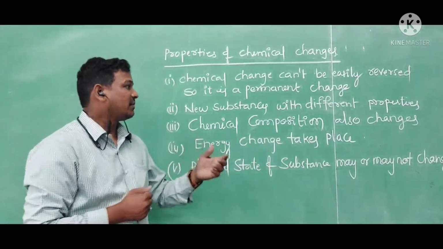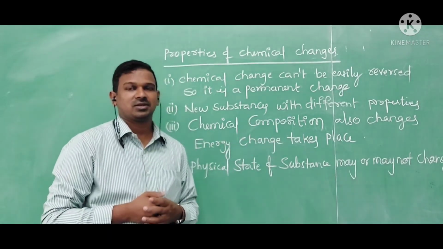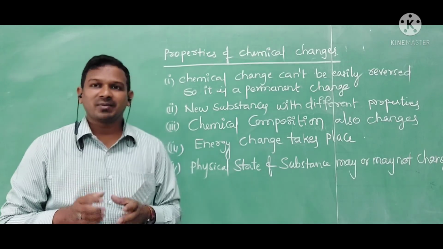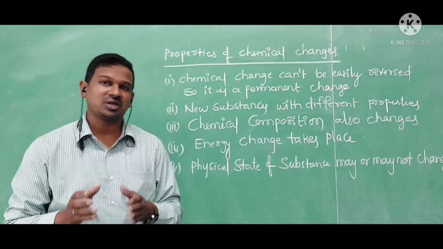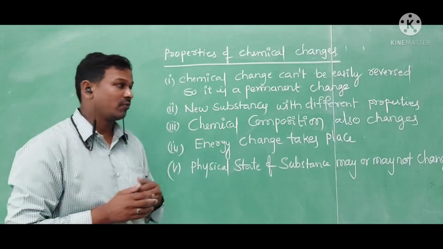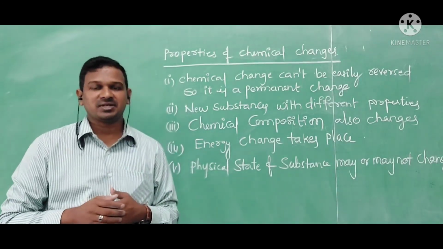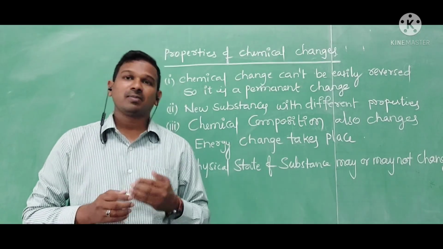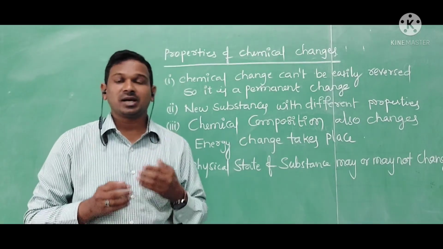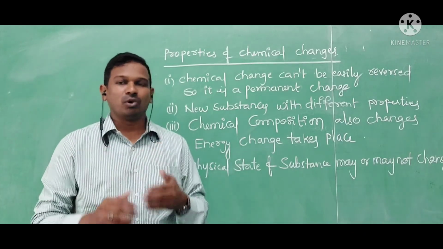Third one, chemical composition also changes. During the chemical reaction or chemical change, the substance's chemical composition also will change. Fourth one is energy change takes place. In a physical change, the energy change will be very little, whereas in a chemical change, the energy change will be more.